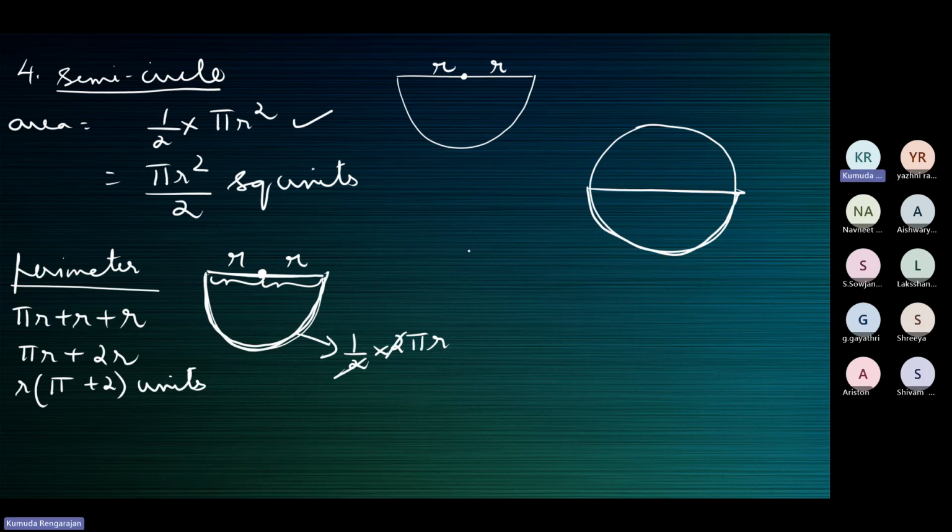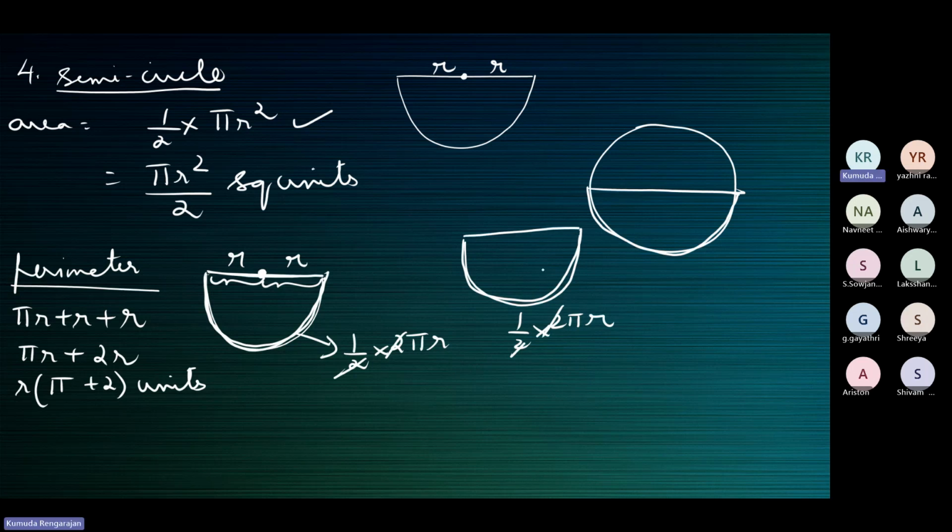If you're trying to find the length of only this arc, then it is half into 2 pi r, so it is pi r. But the semicircle comes with this one. We are talking about the perimeter of a closed figure, the semicircular region.